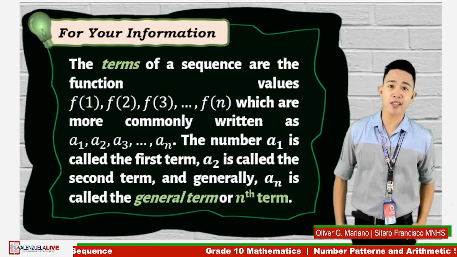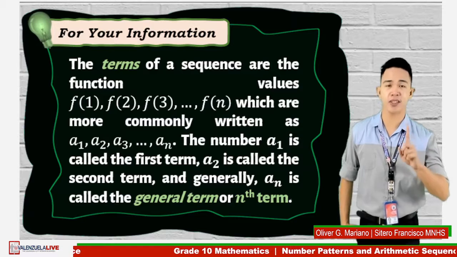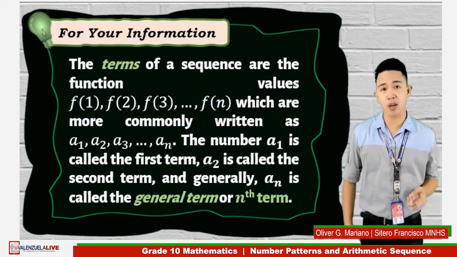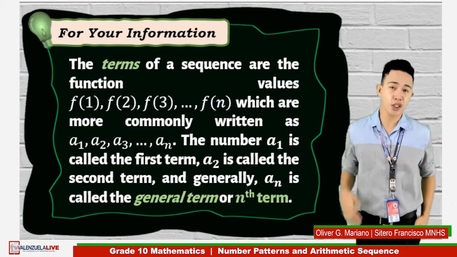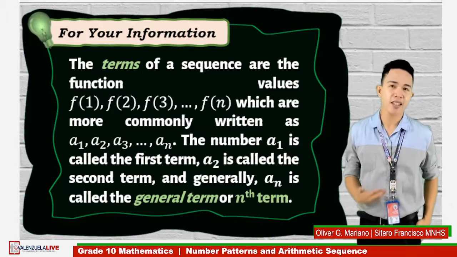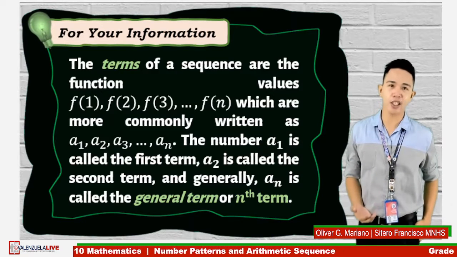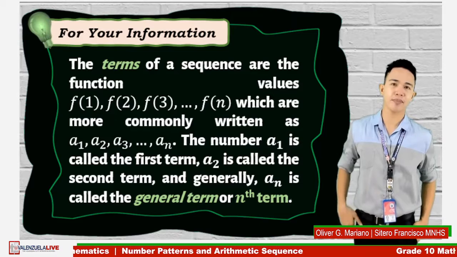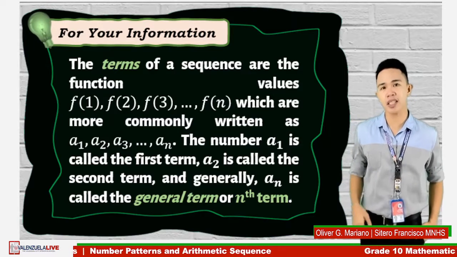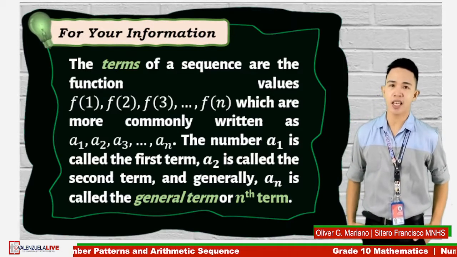The number a sub 1 is called the first term, and a sub 2 is called the second term. Generally, a sub n is called the general term or the nth term. As an illustration, let's take this sequence.